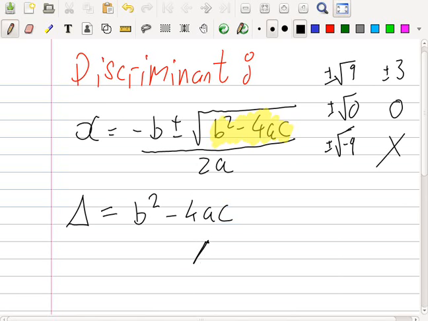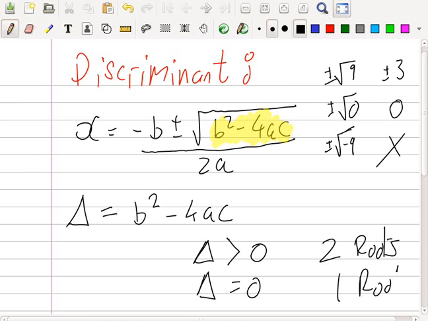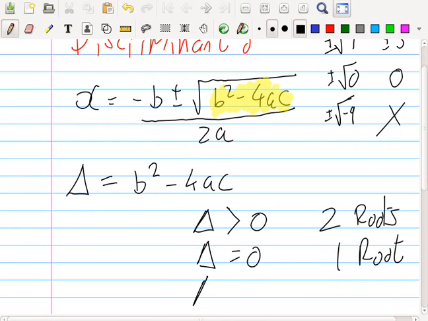And we can say that if the delta is positive, it will have 2 answers. If the delta is 0, it will have 1 answer. And if the delta is less than 0, if it's negative, it'll have no answers.